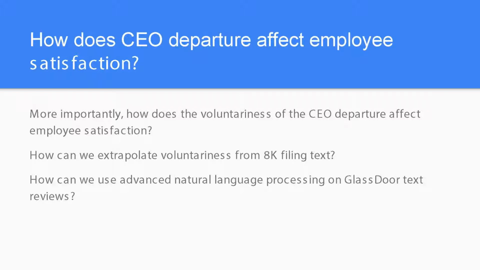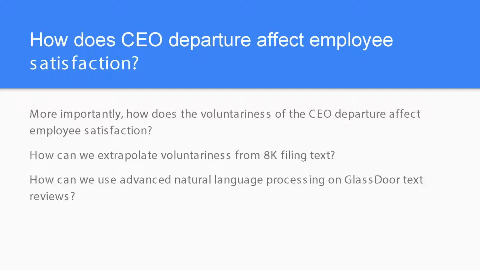It's not always obvious how voluntary a departure is at a company. Sometimes it's obvious in the news, but if it doesn't get news coverage, it's hard to tell if a CEO was pushed out. There's even forced retirements. There's a lot that can happen around the circumstances of a CEO departure that's not said explicitly in these departure announcements.